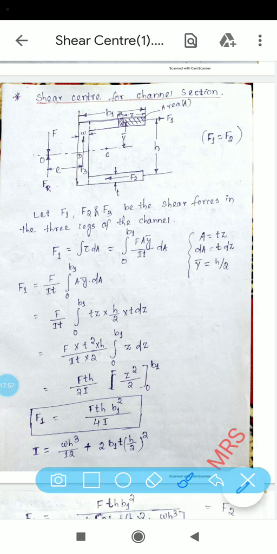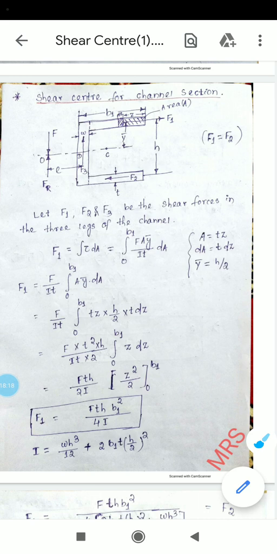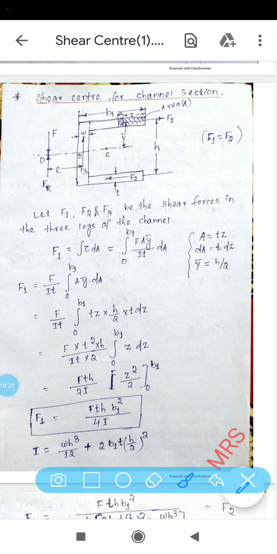Here you consider a small section, having dimension dz on one side and t as thickness, situated at a distance z from this side. So it varies from 0 to B1.